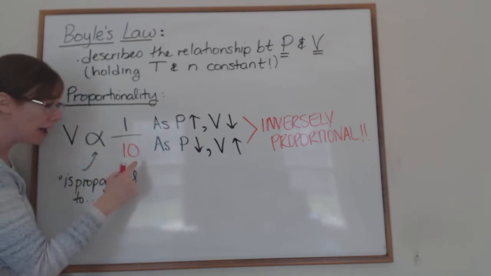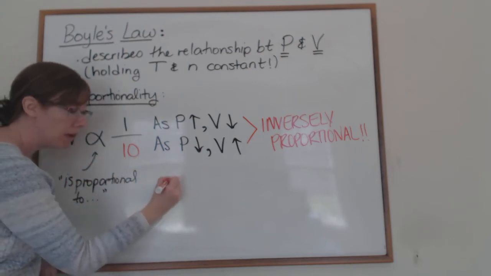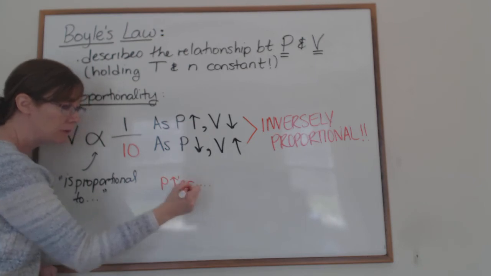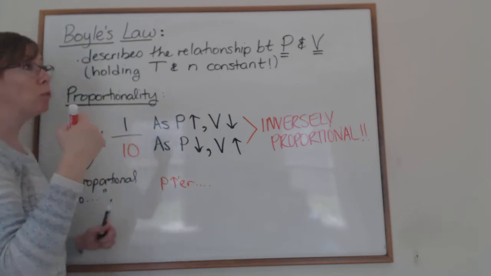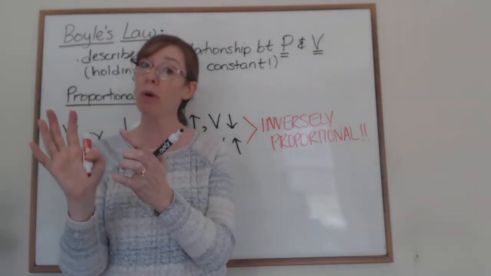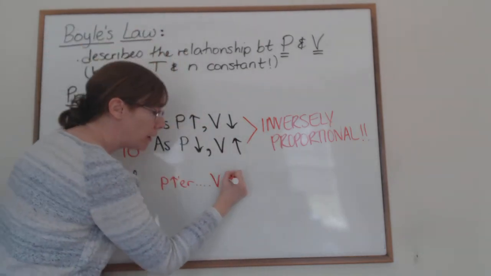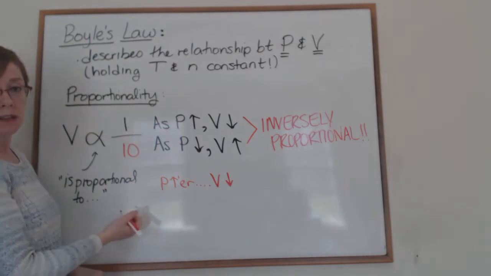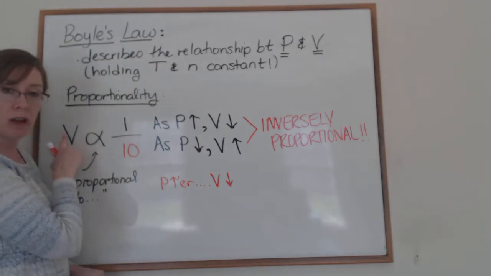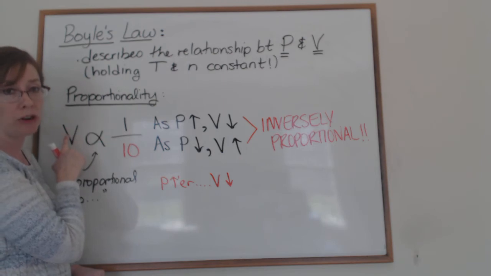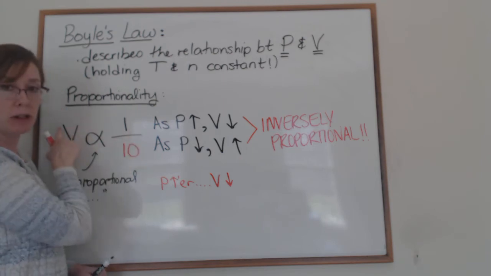So as I made pressure a bigger and bigger number, my volume went from 1/2 to 1/10. And 1/2 is 0.5, 1/10 is 0.1. So you'll see that volume actually went down. So when you put larger and larger numbers into a denominator, the other number over here would naturally get smaller. So bigger and bigger becomes smaller and smaller.